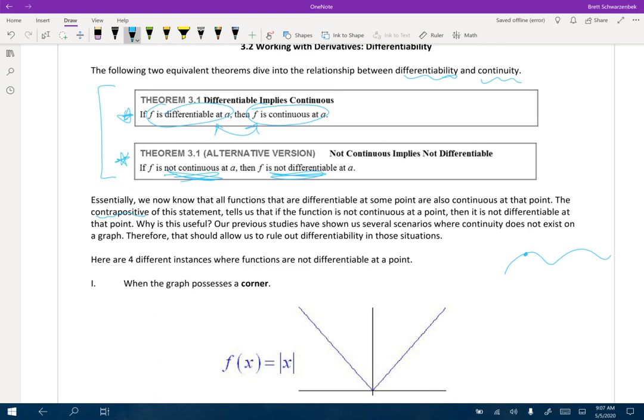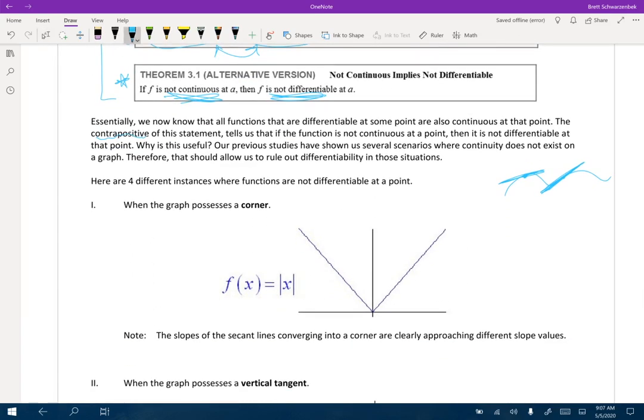So if I can find the slope of a tangent line, let's say if I drew a tangent line here, that would mean that this is definitely going to be a derivative at that point, or differentiable. Just like if I went anywhere else on this curve right here and I drew a tangent line, because I can find that slope, it means it's differentiable. So there are times, though, when you cannot do that. So that's where we're going to actually start right here.